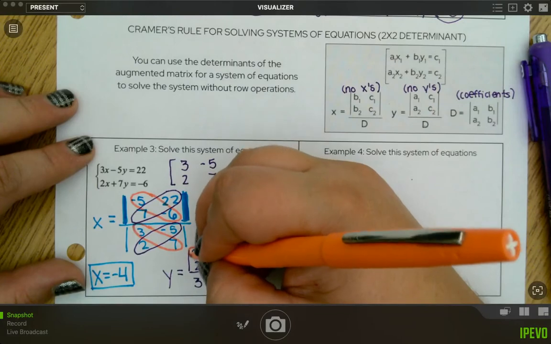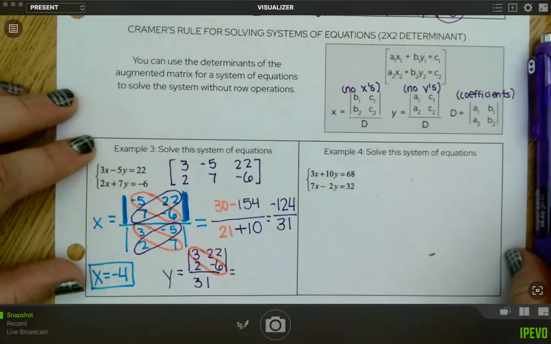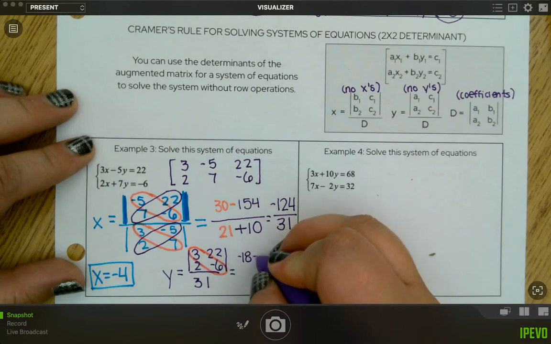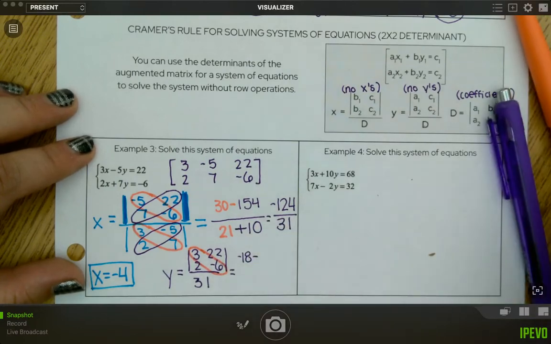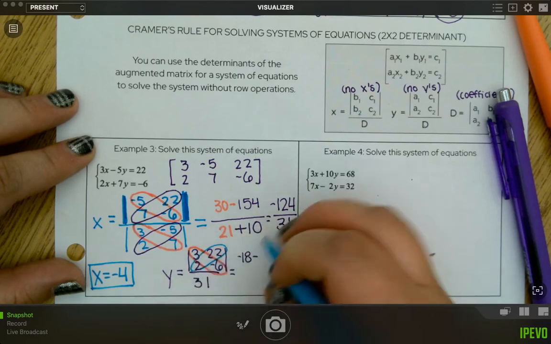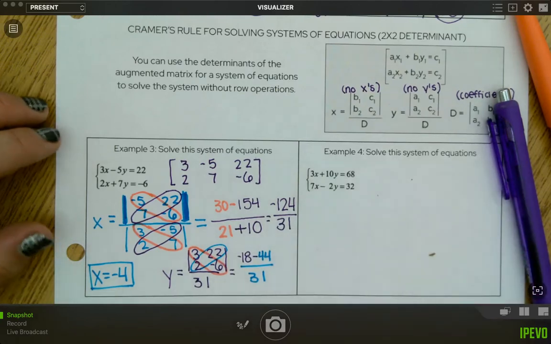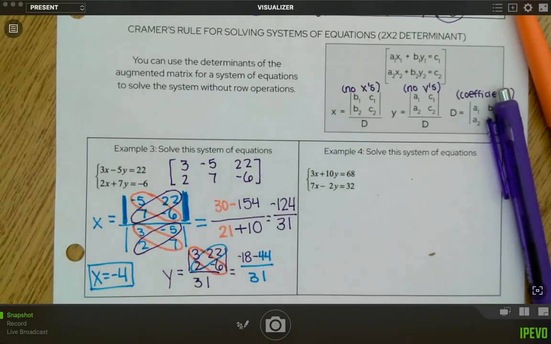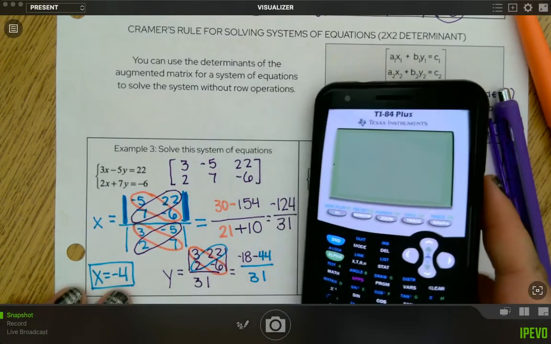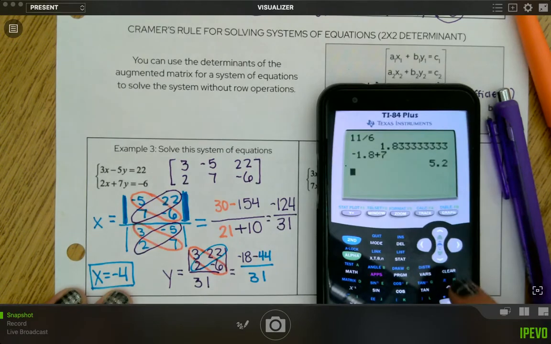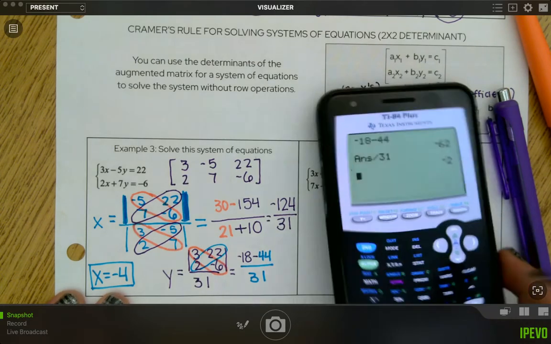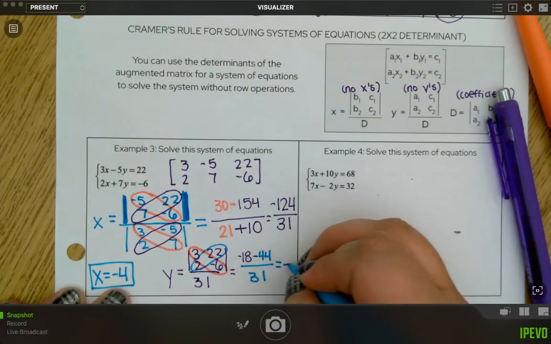Which is going to be negative 18 minus 2 times 22, 44, over 31. And I'm just going to do this part in a calculator to show you. Okay, 1 second. Negative 18 minus 44 divided by 31 is negative 2. So y is negative 2.